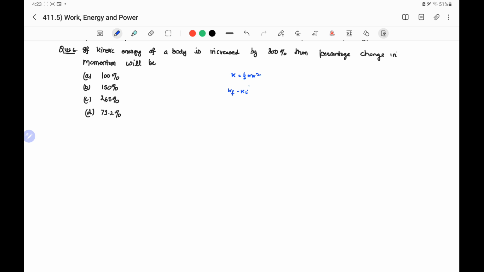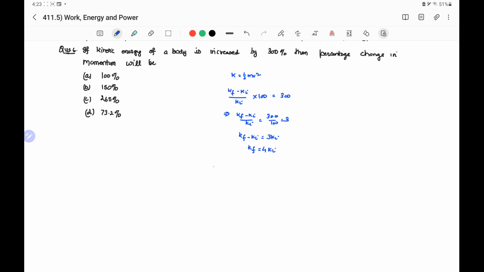This is the increase in kinetic energy divided by initial kinetic energy multiplied by 100. So this increase is 300. This implies that Kf minus Ki by Ki equal to 300 by 100 equal to 3, or Kf minus Ki equal to 3 Ki. We can say Kf equal to 4 Ki.